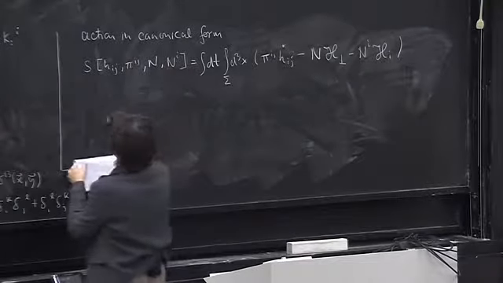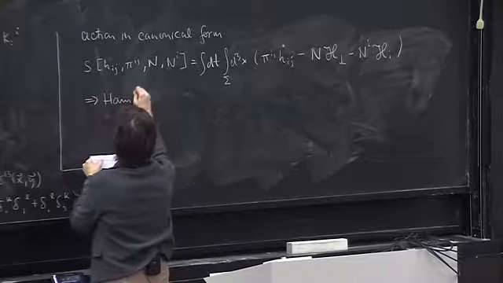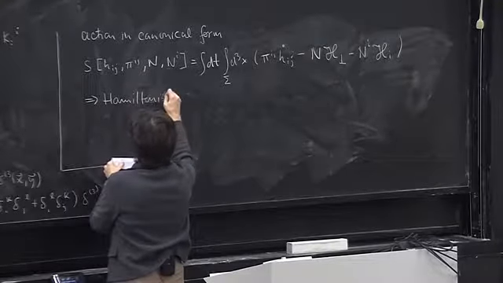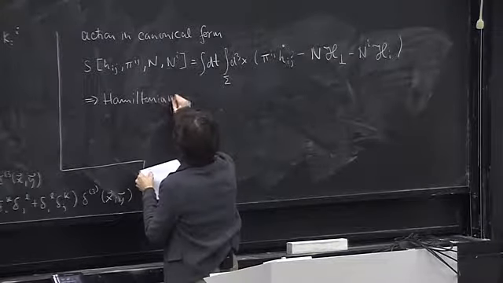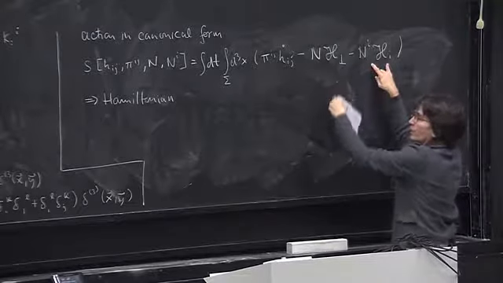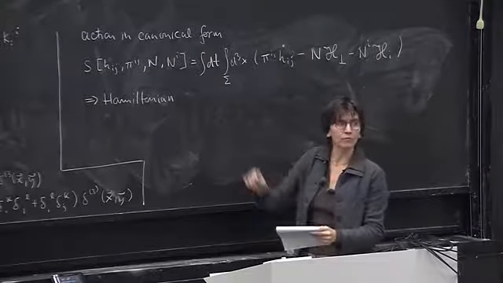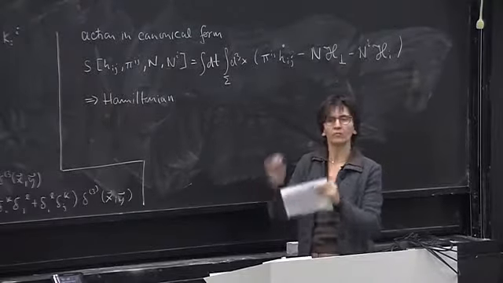That will be my last deed of the day, or of the lecture rather. So the Hamiltonian, therefore, is this piece, right? I'm just taking the Lagrangian, rewriting it as p q dot minus stuff, where stuff is the Hamiltonian.